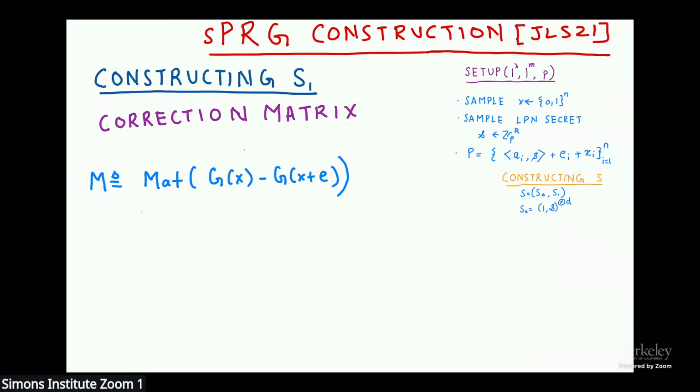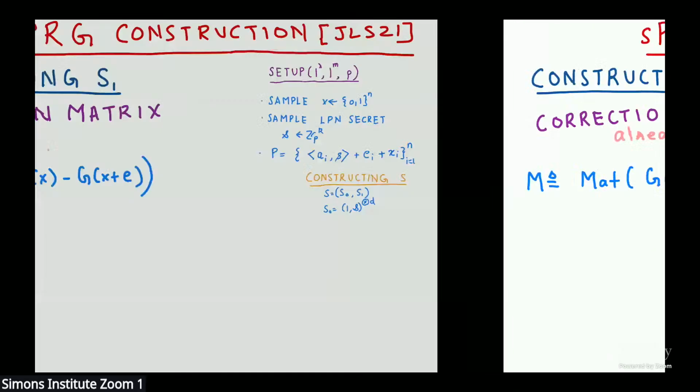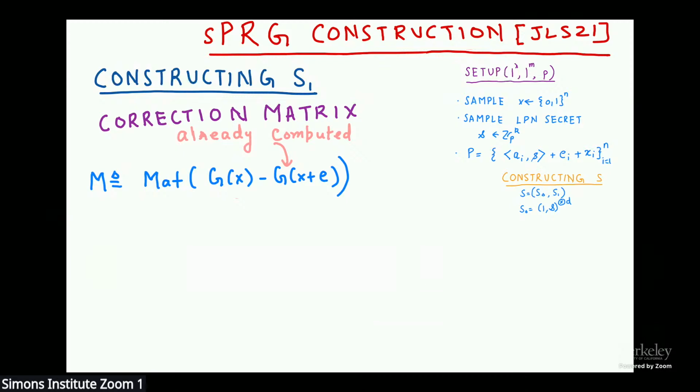So now, we are able to compute something which is almost there. Let's correct it all the way. I'm going to look at this matrix, G(X) minus G(X) plus E, and sort of compress it so that it can be reconstructed back in degree 2 operations. So this part is already computed.